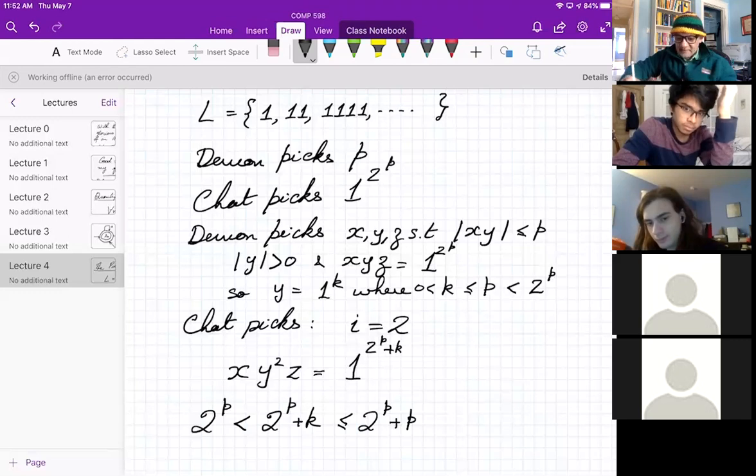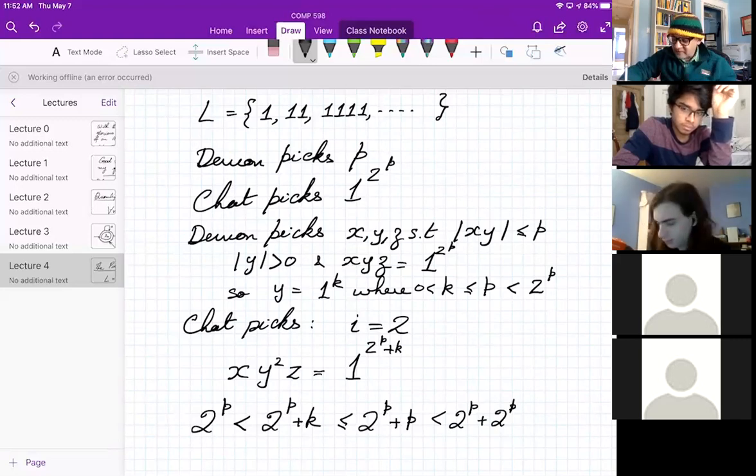We do know one very important fact: p is strictly less than 2^p. So this 2^p just corresponds to that one, but this p I've replaced with 2^p. And this, by the miracle of arithmetic, is 2^(p+1).